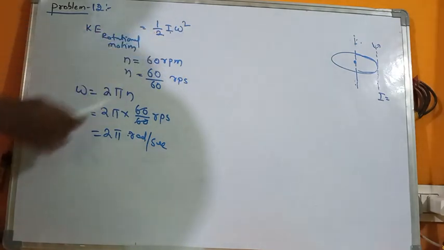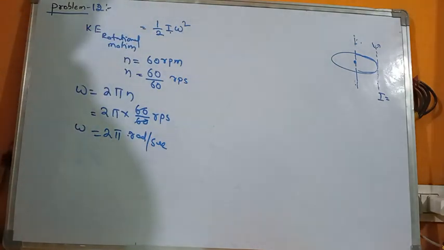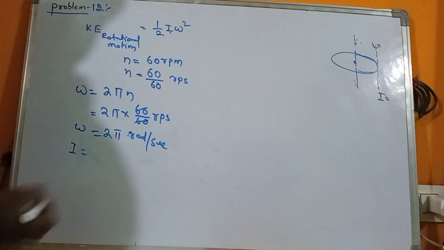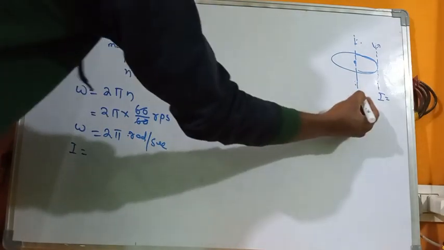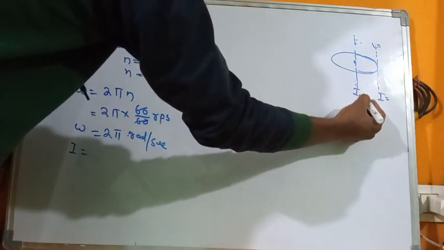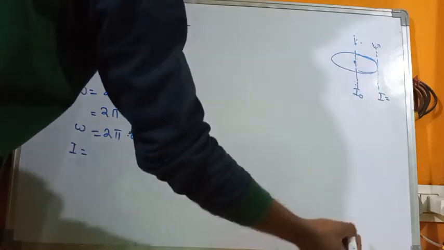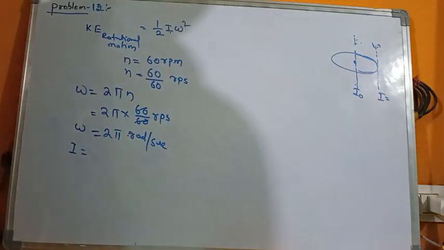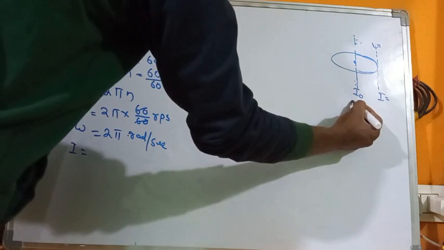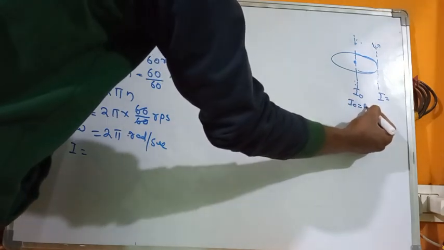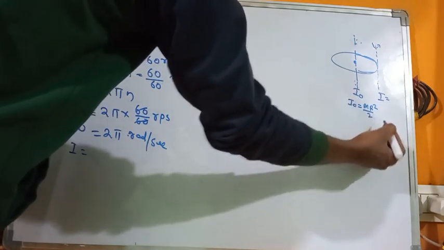I is the moment of inertia. When the axis passes through the center of the disk, that is I naught, and for the disk I naught is equal to mr square by 2.